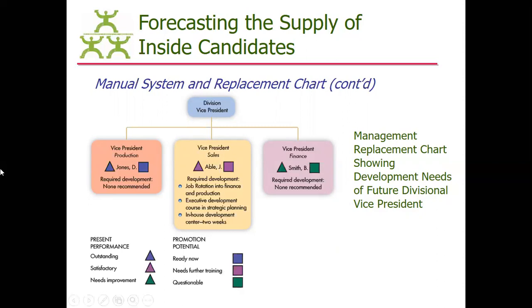So if we look here, we can say that the vice president production is the best person for division vice president. He is the best candidate for that particular position. So this is the manual system and replacement chart.